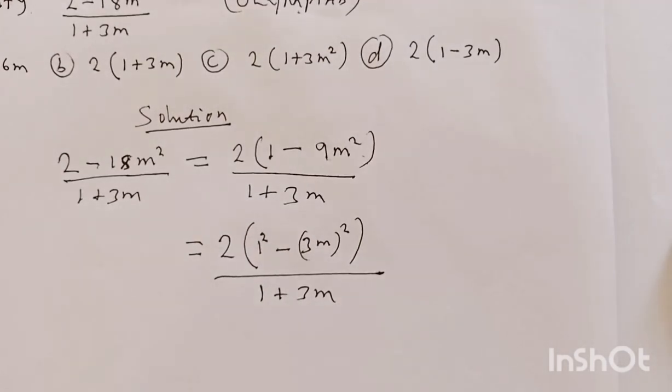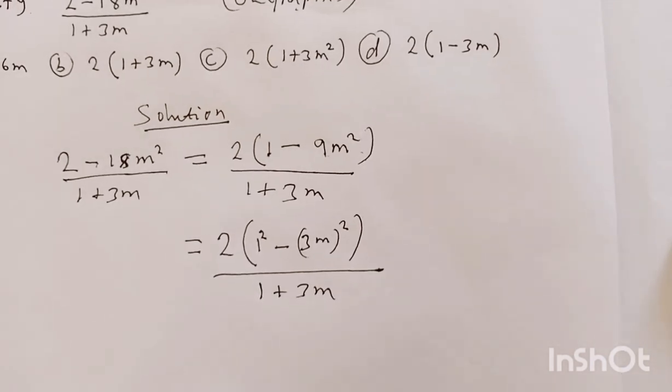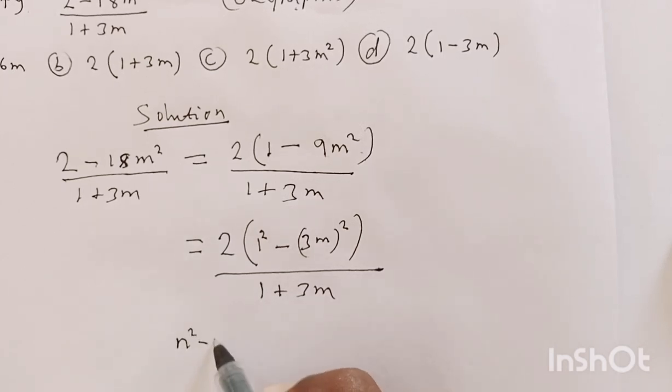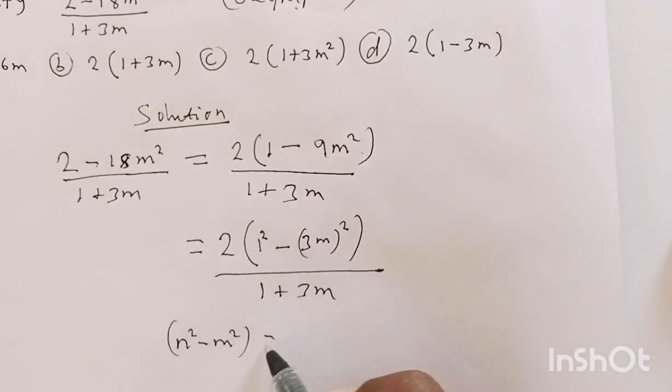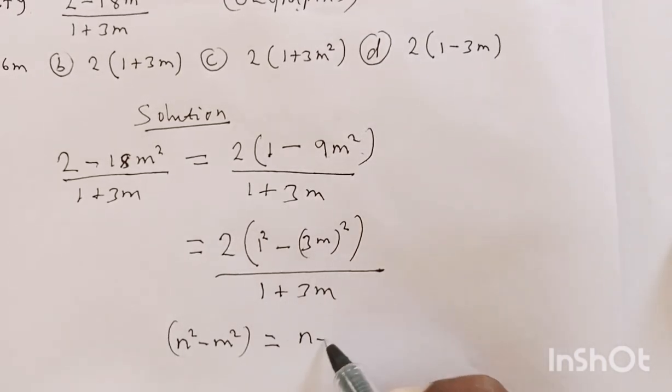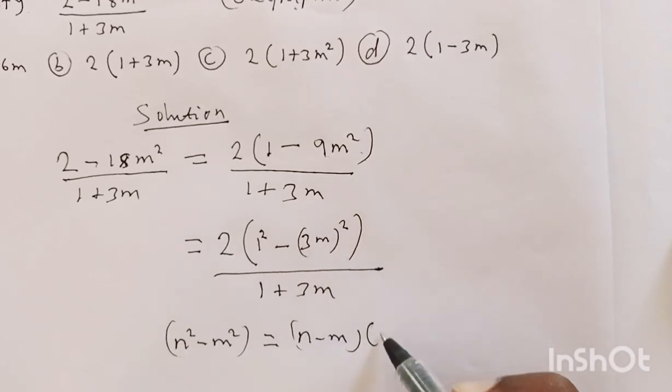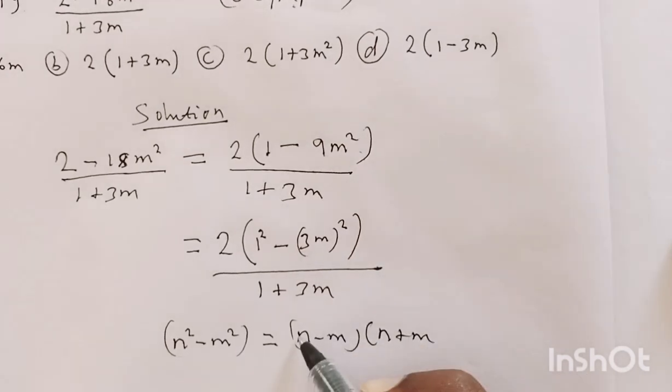Now from there, you apply the idea of factorization of difference of 2 squares. Remember, if you have n square minus m square, this is difference of 2 squares. It is the same thing as n minus m into n plus m.